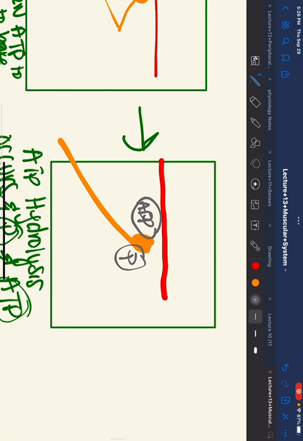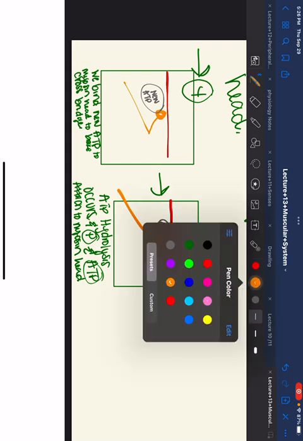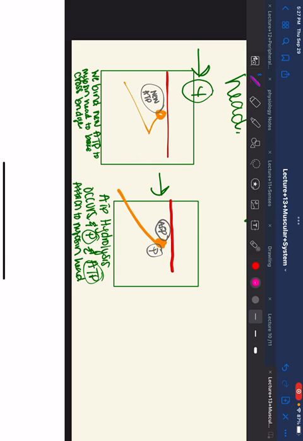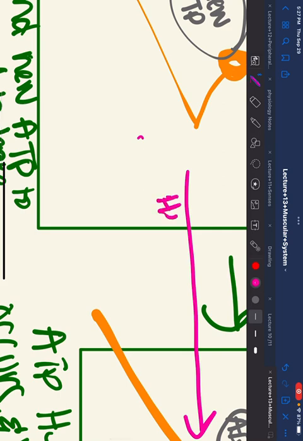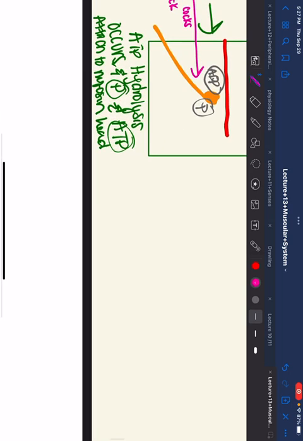The head, during ATP hydrolysis, cocks back. So ATP hydrolysis occurs and the phosphate and ADP attach to the head, and the head cocks back.